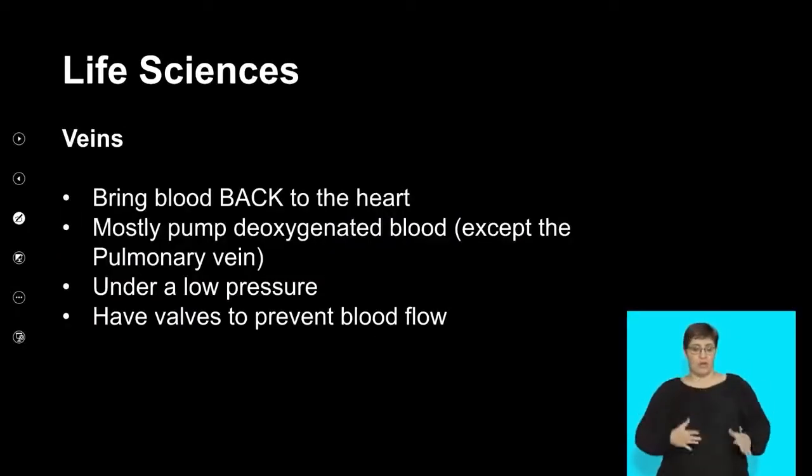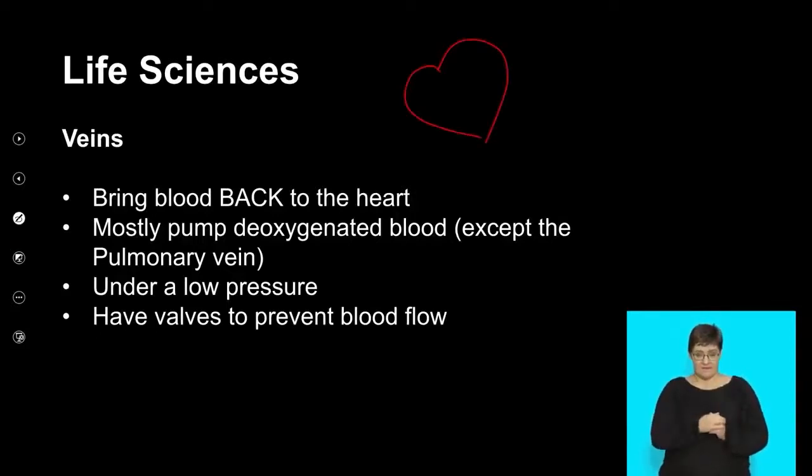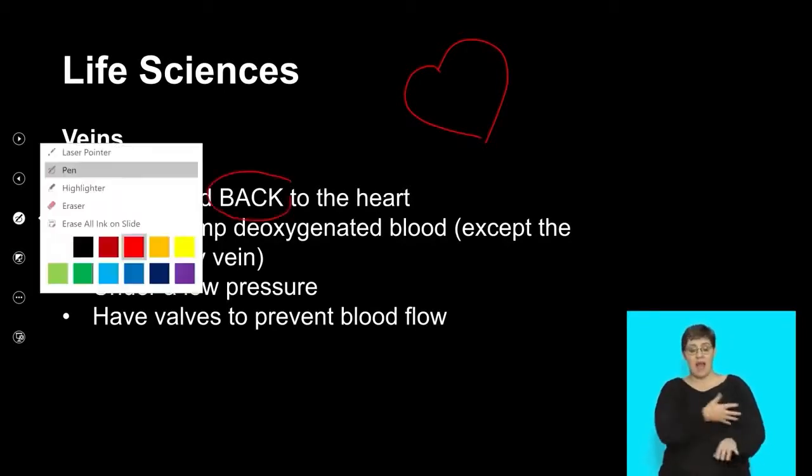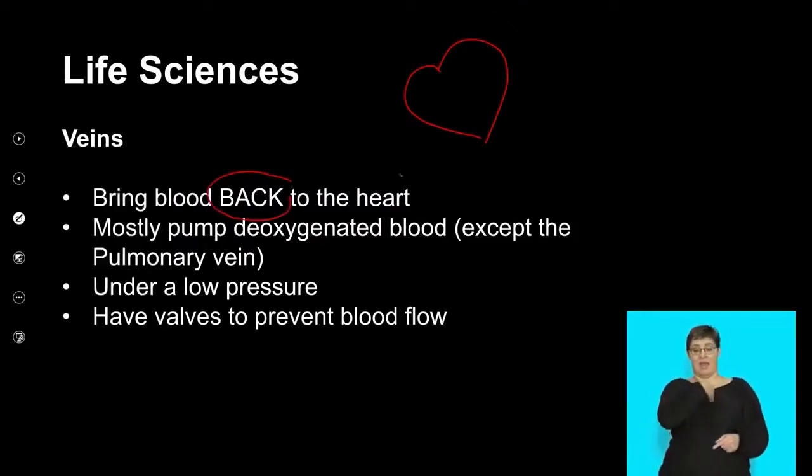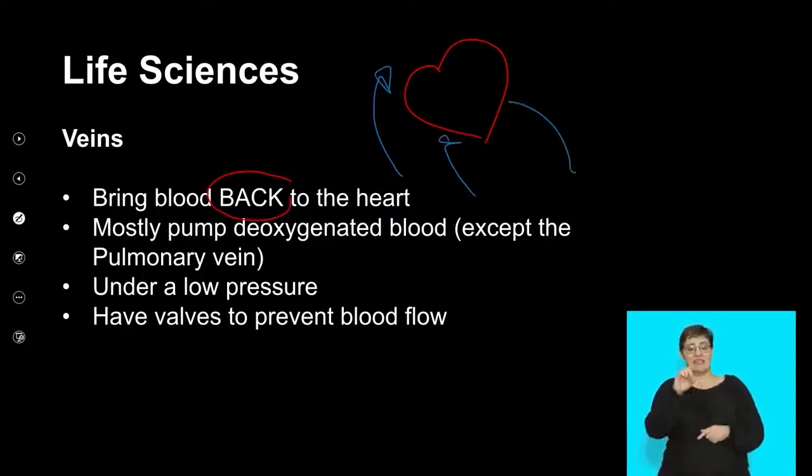Okay, so that brings me now to veins. So here's my heart, and let's change to the blue. We can see for now. It brings blood back to the heart. So again, any kind of vessel bringing blood to the heart is called a vein.